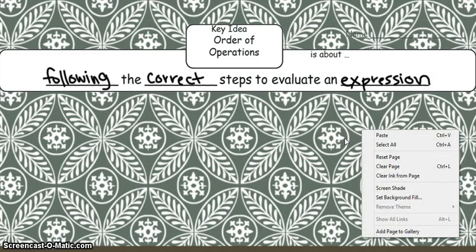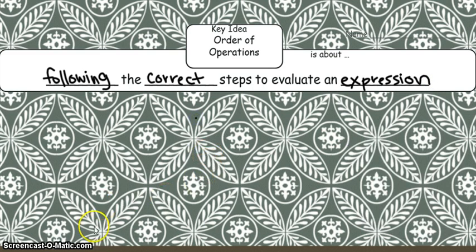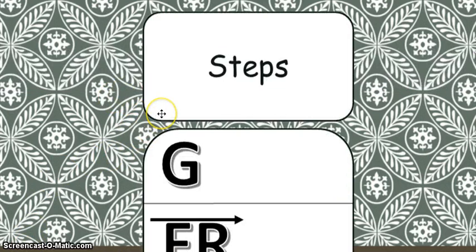If we didn't have the order of operations, we would all be evaluating expressions in different ways, getting different answers. So that's why we have the order of operations, to make sure that we all follow the same steps. Alright, we are going to first look at that steps column and label our GERMDAS.